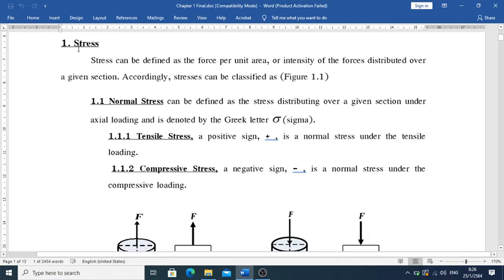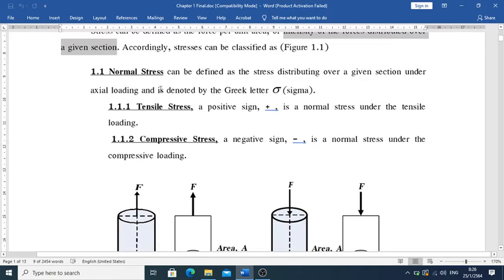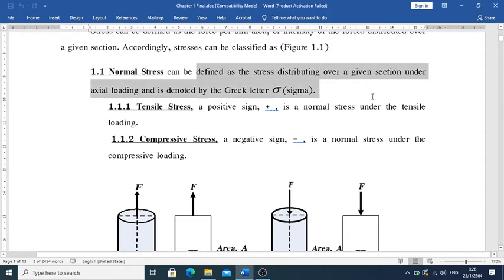The stress that we studied before is defined as the force per unit area, or the intensity of the force distributed over a given section. The stress can be defined as normal stress if it is distributed over a given section under axial loading.